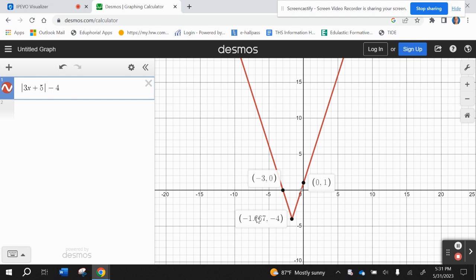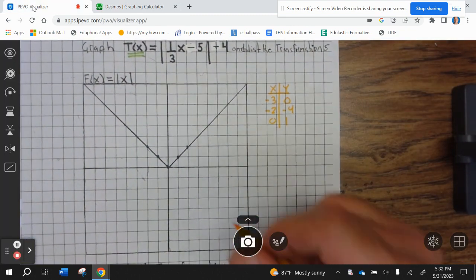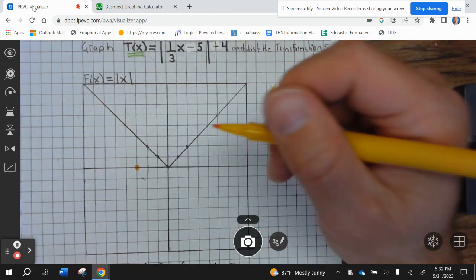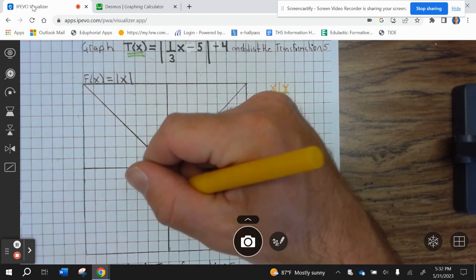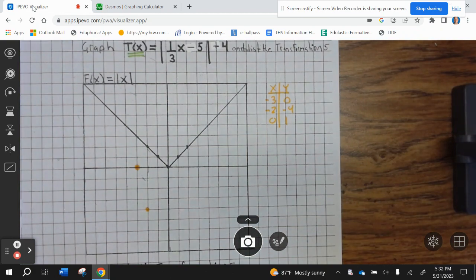So in essence of that, let's go ahead and round that to negative 2. Okay. So let's go ahead and graph those points. So negative 3, 0. Negative 2. And then 0, 1.